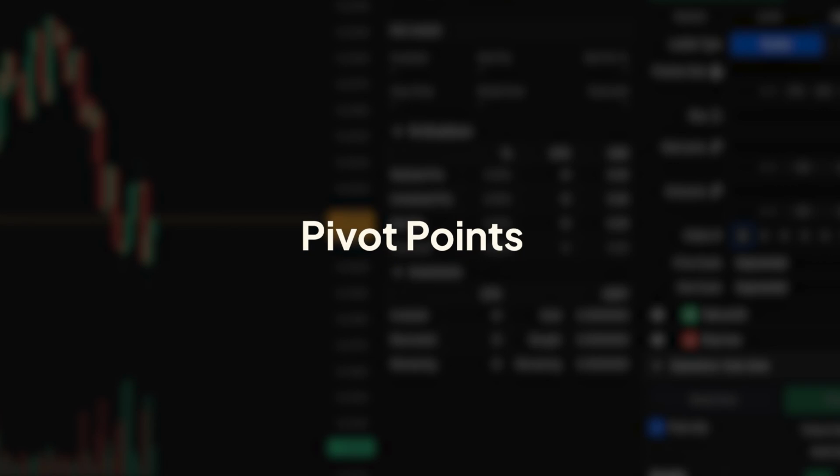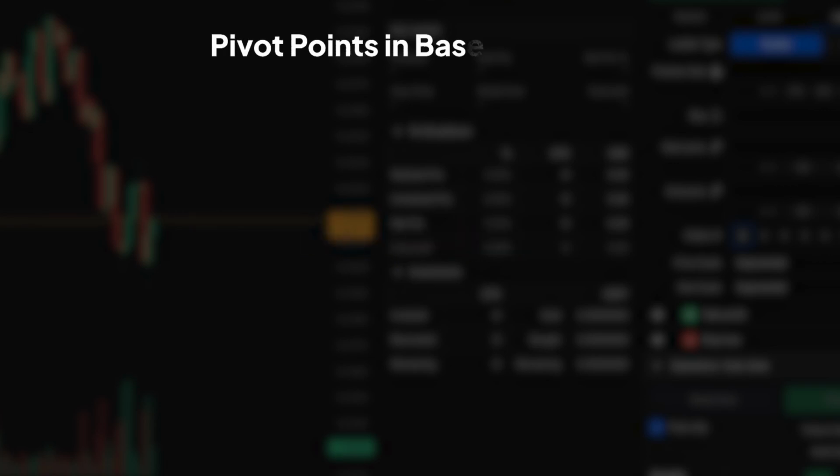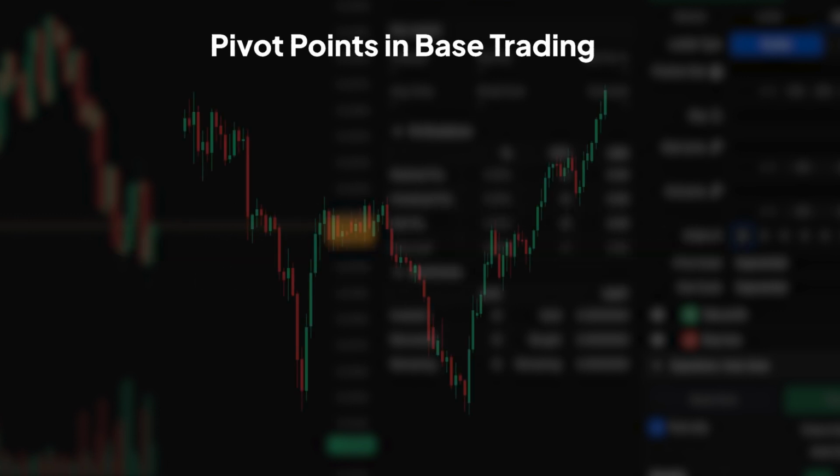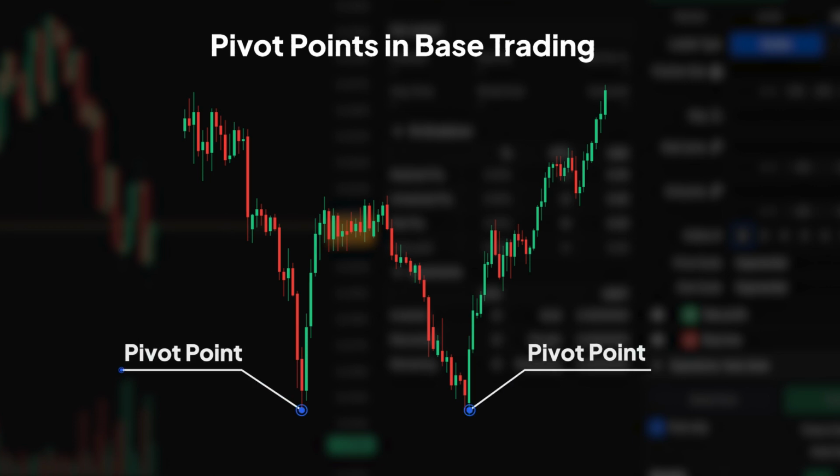Pivot points. Now, let's talk about the simple method used in base trading. Base trading is all about keeping things easy and paying attention to clear signs in the price movements rather than using complicated tools. When we draw bases, we're looking for important points in the candlestick data. Once we find these points, we draw a line at the bottom. This line becomes our base.